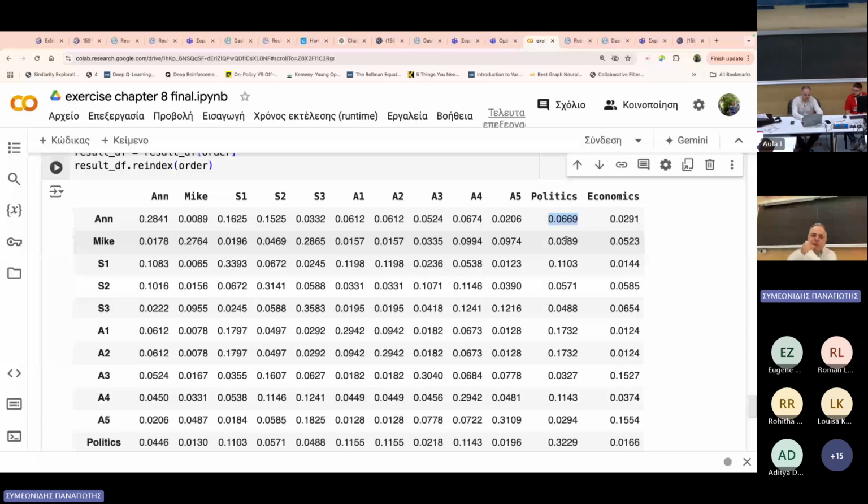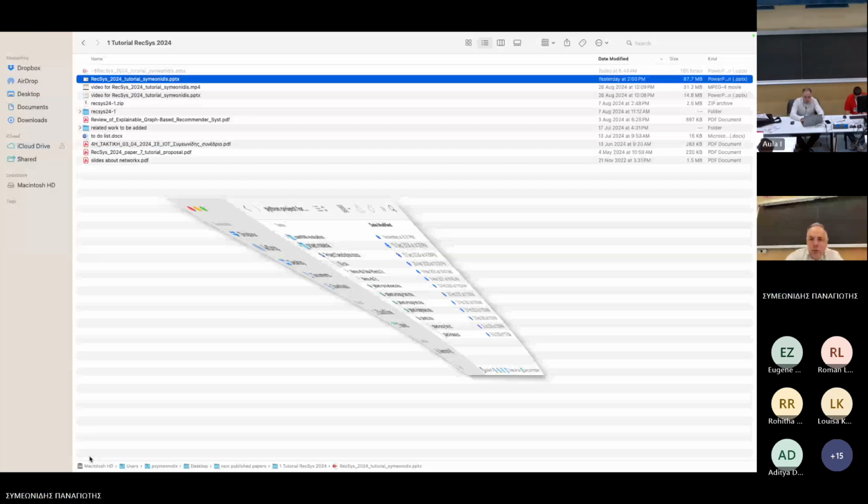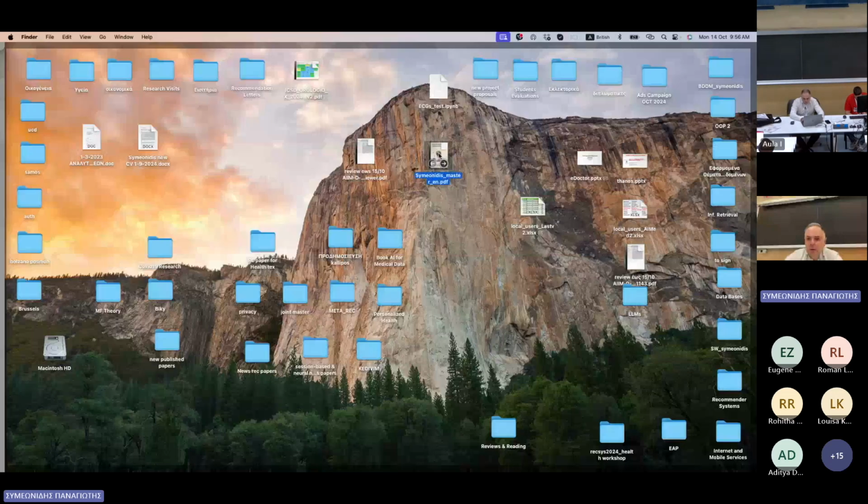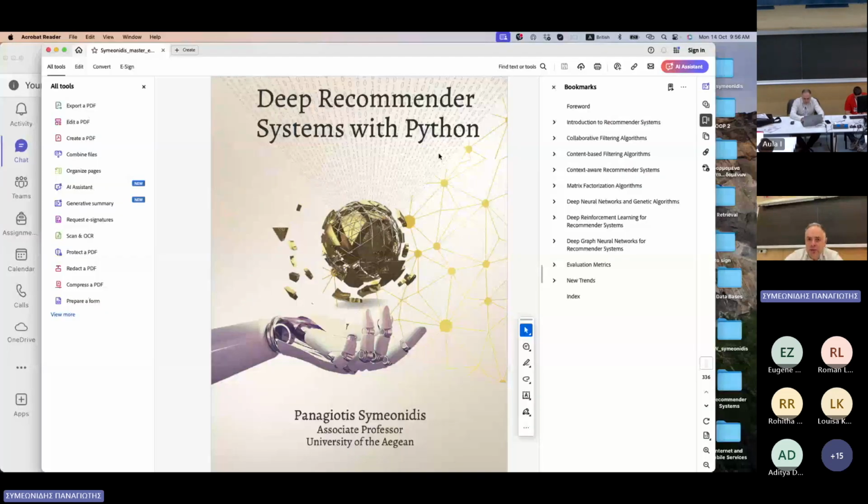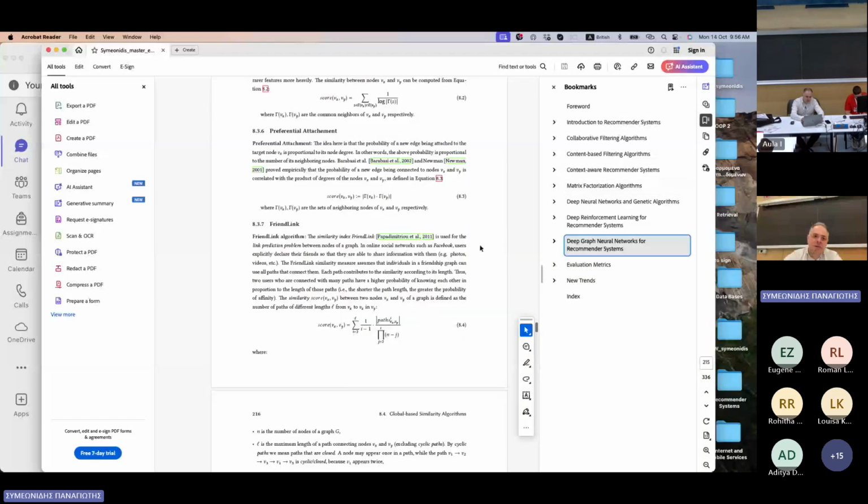And of course, we can also find this in the book. So if we go to the book and go to chapter 8, this chapter is devoted to graphs.